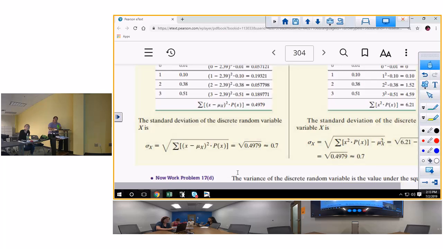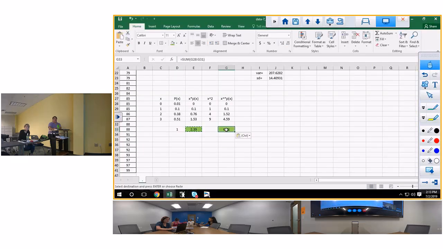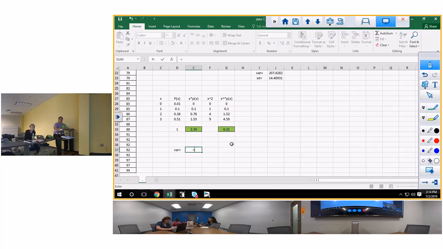So I go over here, go back to the spreadsheet. And I'm going to take this number, so I'm going to go down here and I'm going to call this the variance. Variance is equal to, well, I'm going to take this guy and I'm going to subtract this number, what? Squared.